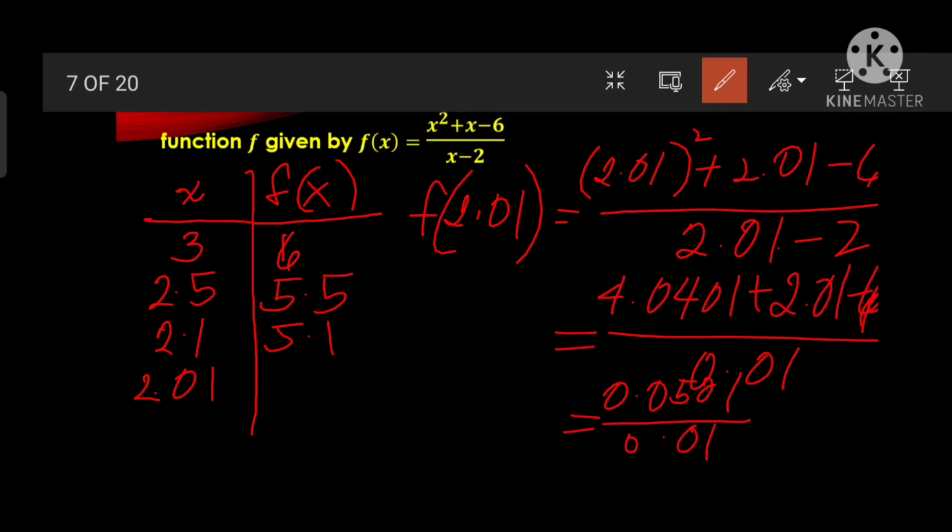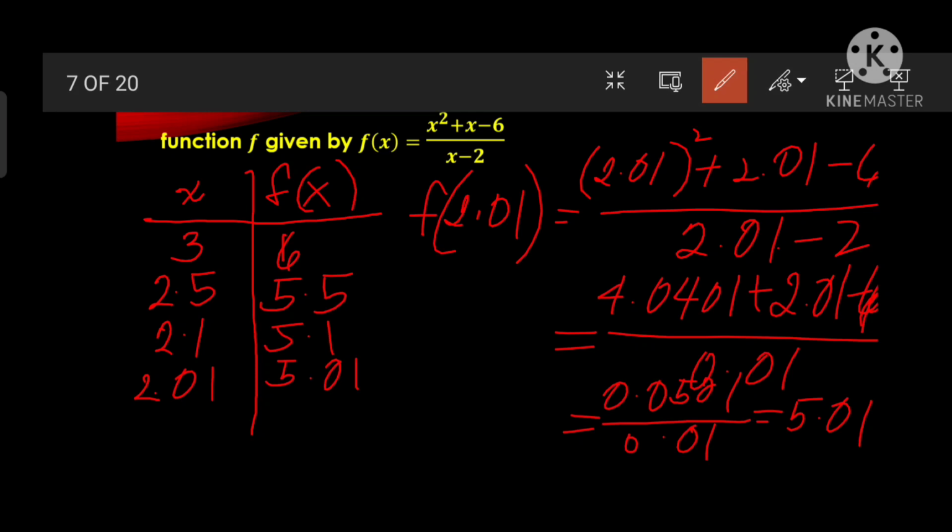So divided by 0.01, we have 5.01. Okay, one more.